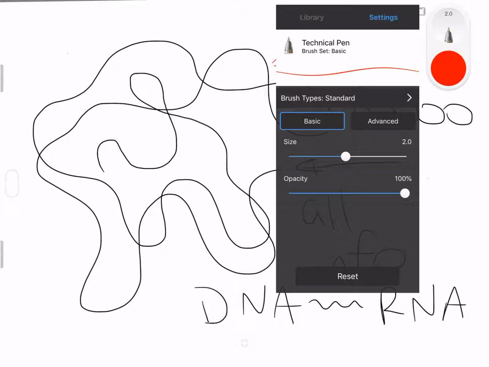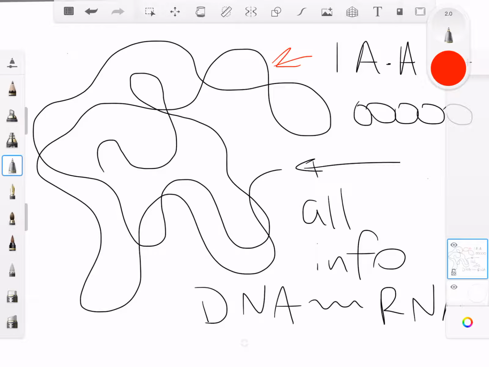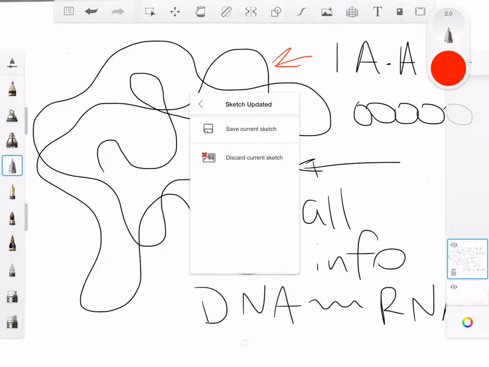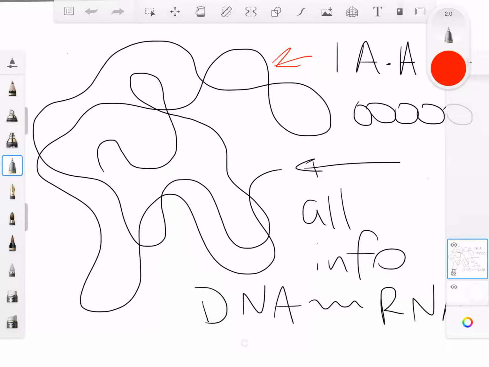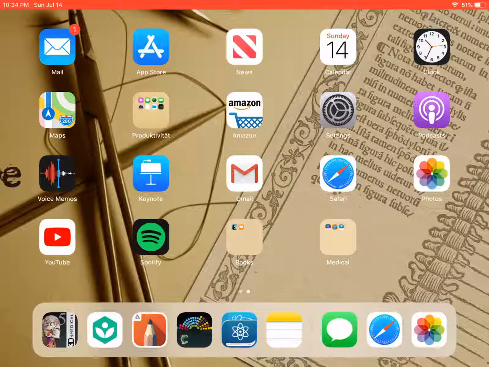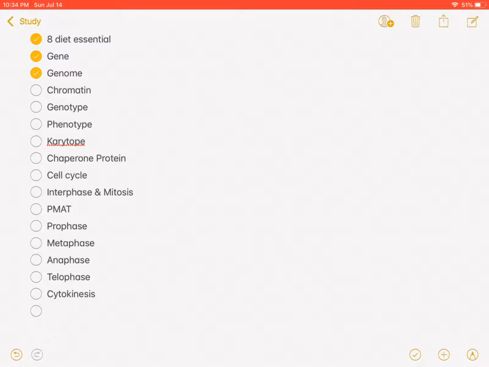Let's create a new sketch. So a genotype and a phenotype and a karyotype. Karyotype, we can say it's a chart of all of your 46 individual chromosomes. It's a chart of an individual's chromosomes.